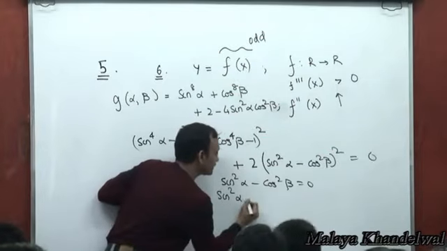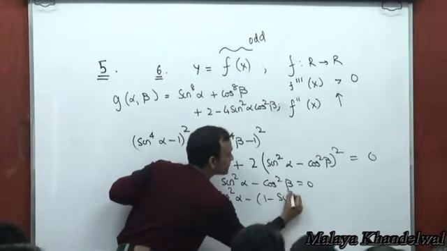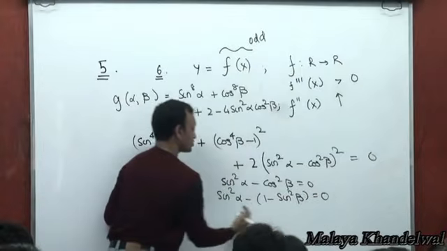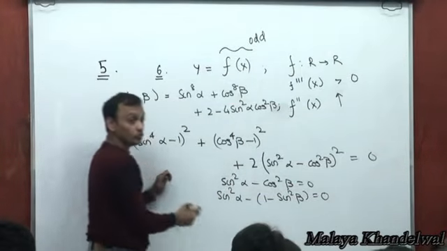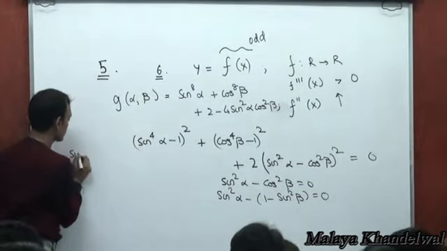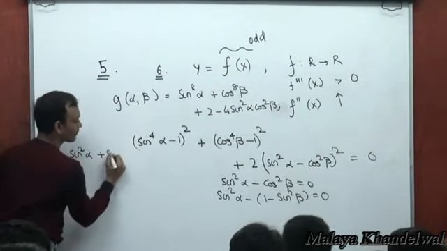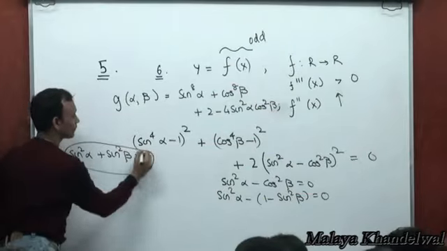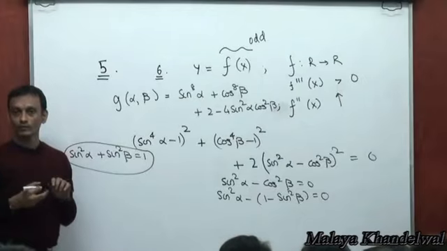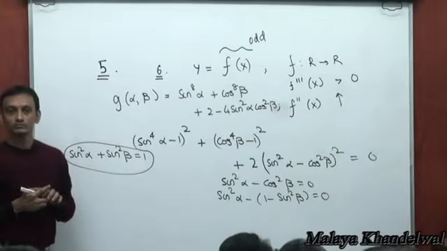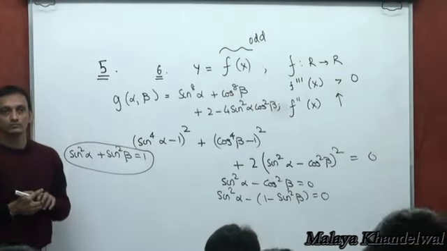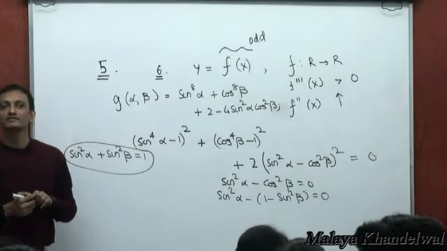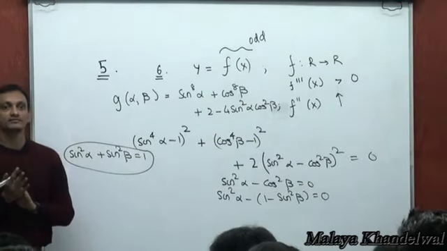Sine squared alpha minus 1 minus sine square beta equal to 0, or sine square alpha plus sine square beta equal to 1. Got me? How many of you got this right? Very good. Very good.